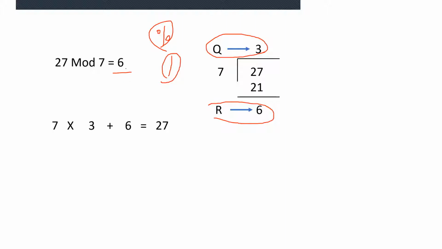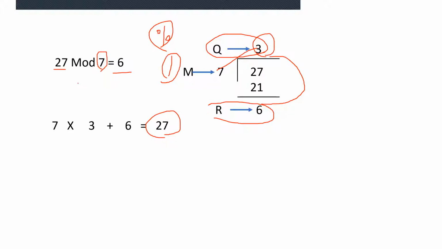To show that this is the remainder of 27 when divided by 7, you have to multiply the modulus, which is 7 here since we are finding mod with 7, with the quotient, which is 3. Then if you add the remainder, you should get back this number, the number whose mod we are finding, which is 27.